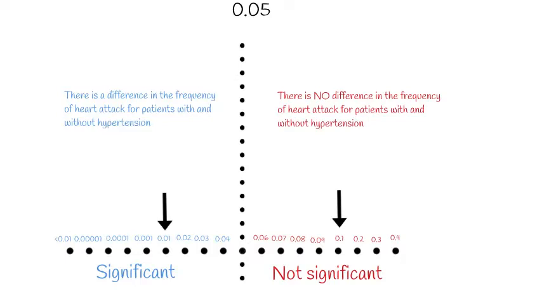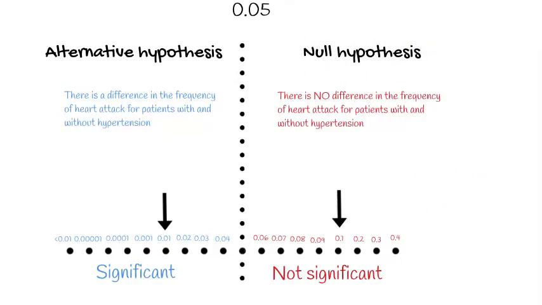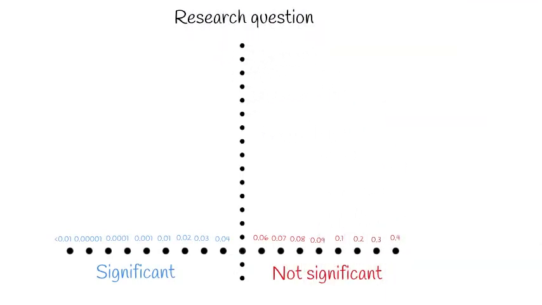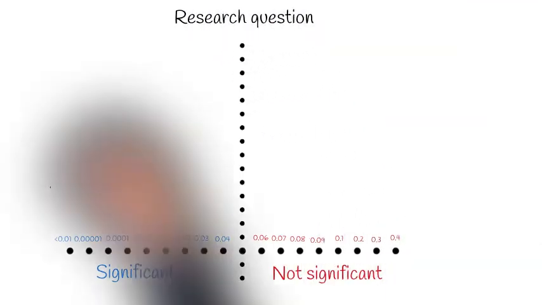One we will adopt or accept if we get a significant p-value, also known as alternative hypothesis, and one we will adopt or accept if we get a non-significant p-value, also known as null hypothesis. So the first thing to do before starting your statistical analysis is to define your hypotheses, which you derive from your research question in the following way.